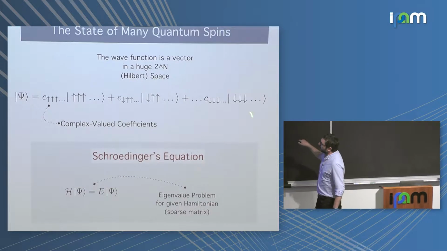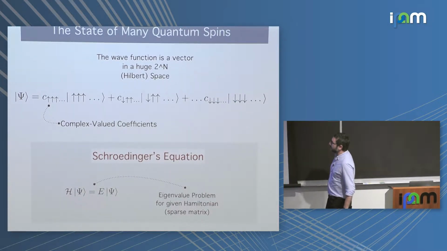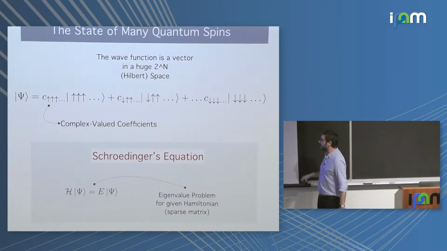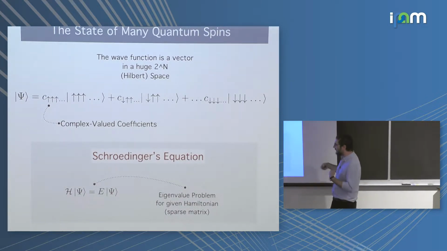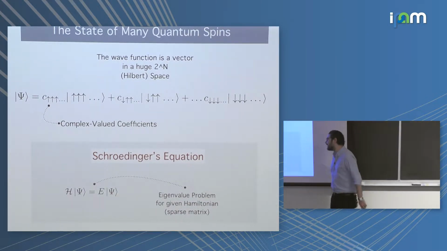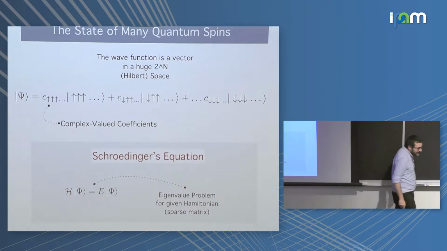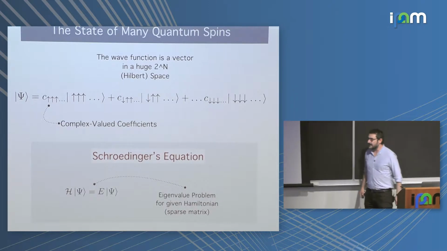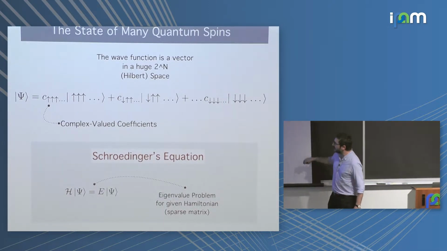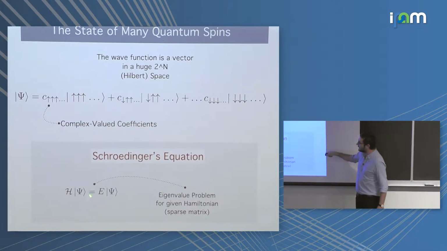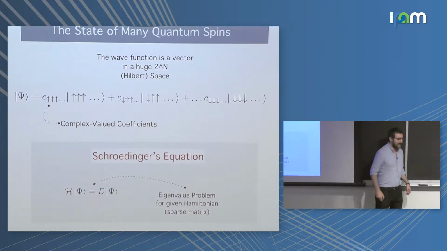The way to determine these coefficients is typically, in some applications, through Schrödinger's equation. This is really the fundamental equation in quantum mechanics. And for the non-physicists in the audience, this is nothing but an eigenvalue problem, where I want to find a vector, psi, my wave function, that is an eigenstate of this Hamiltonian H that you can see just as a linear operator.